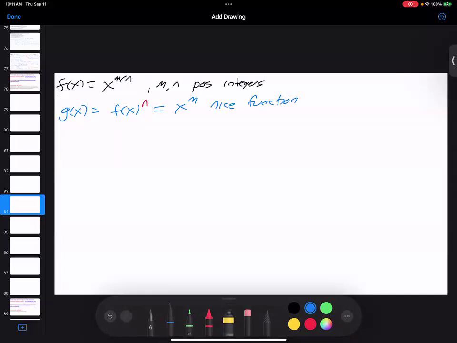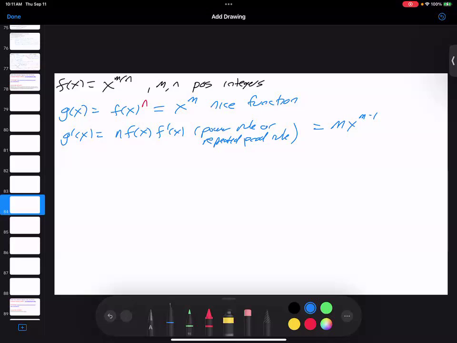And so now we know g prime of x is going to be n f of x to the n minus 1 times f prime of x by the power rule, or repeated product rule. And that's going to be m x to the m minus 1.